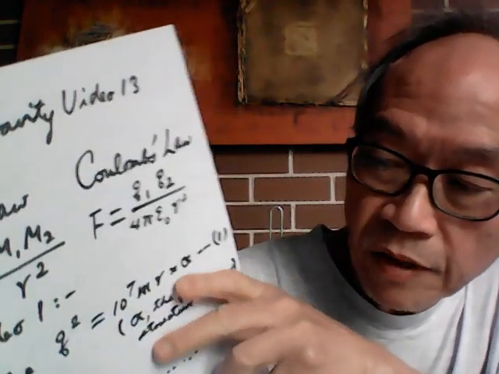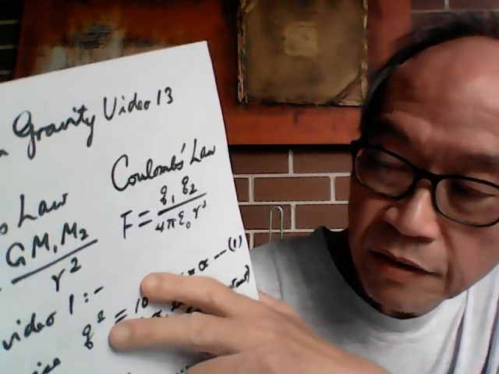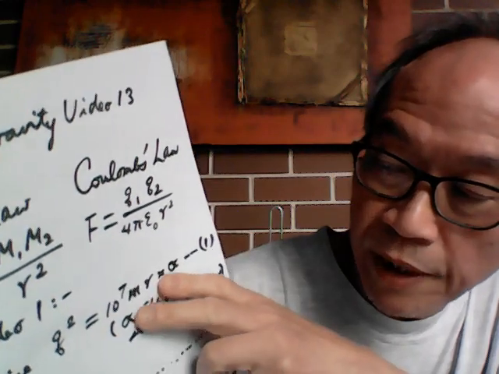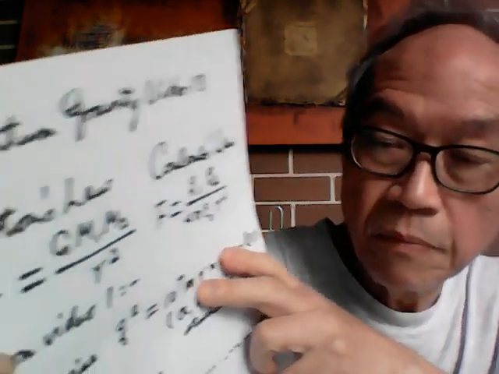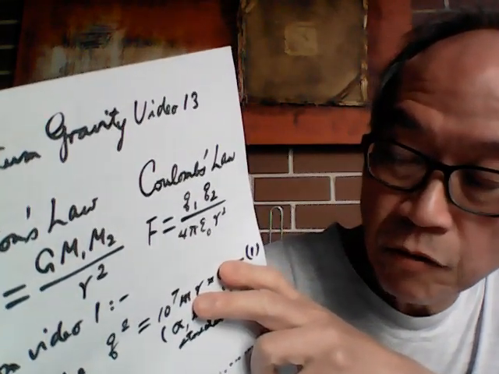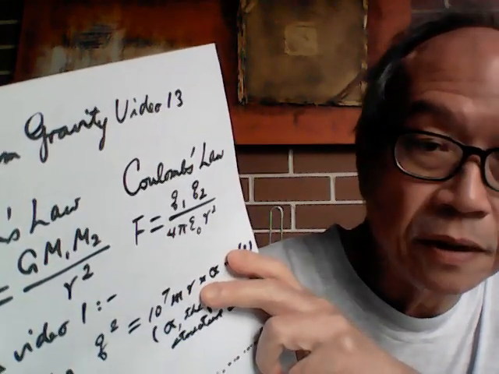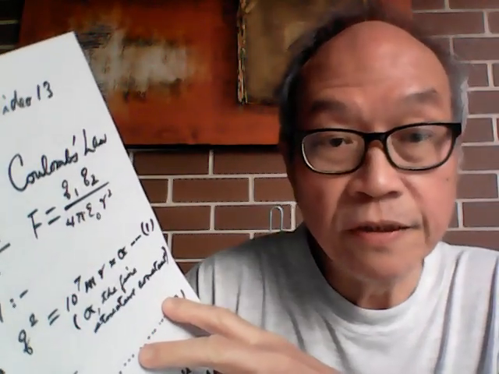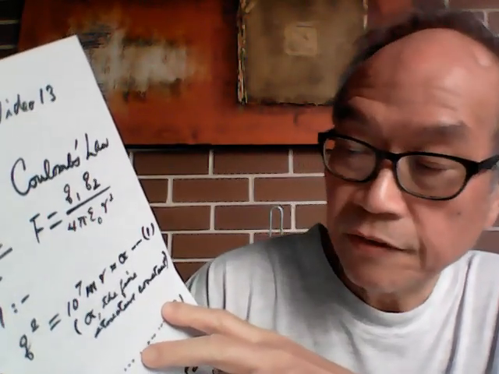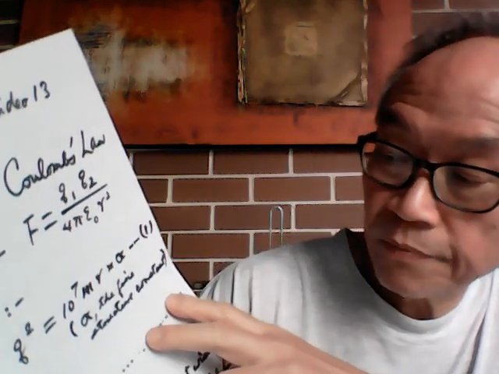Unit-wise, Q square is Coulomb square, mass is in kilograms, and R is in meters. The SI unit is used, that's the kilogram meter second unit.